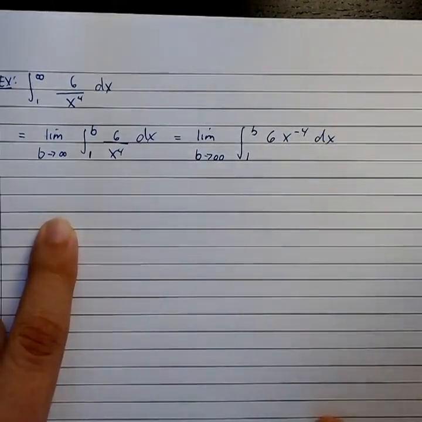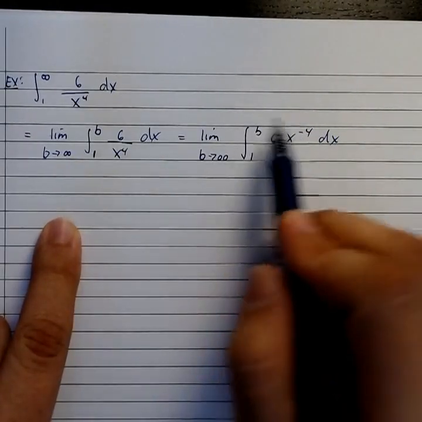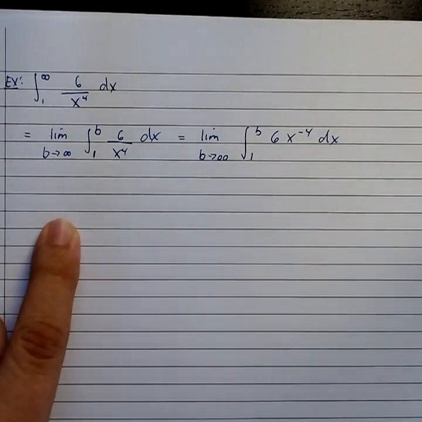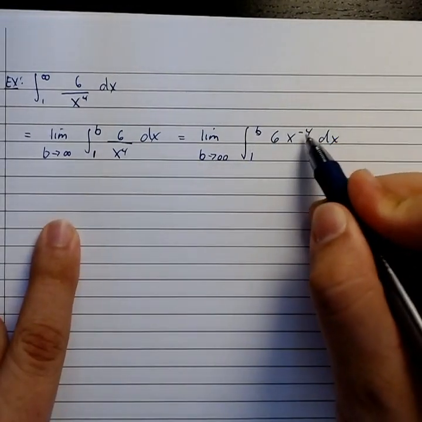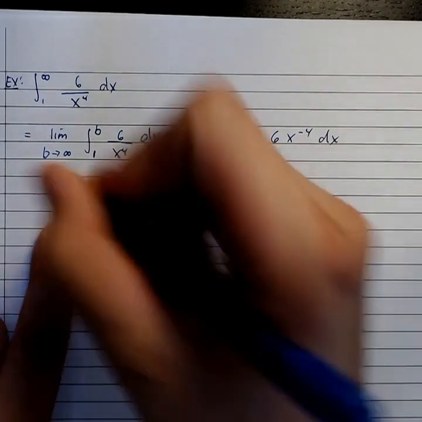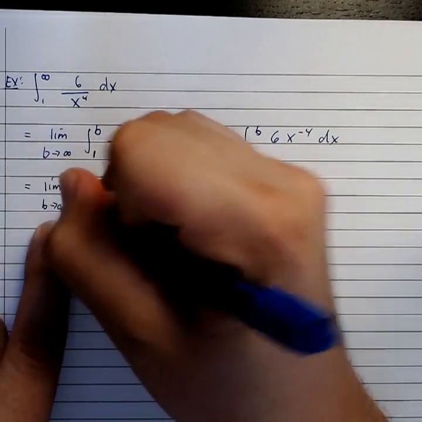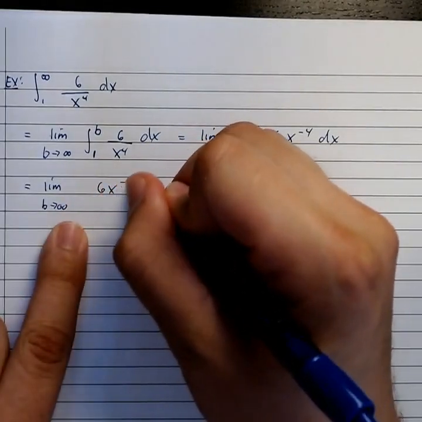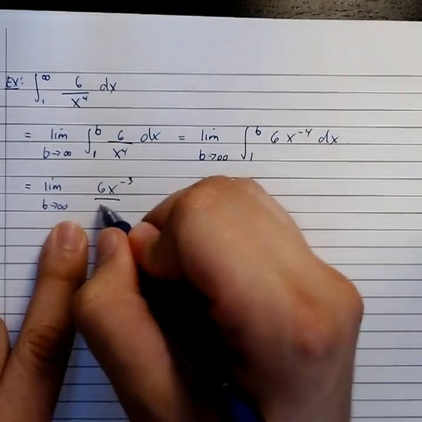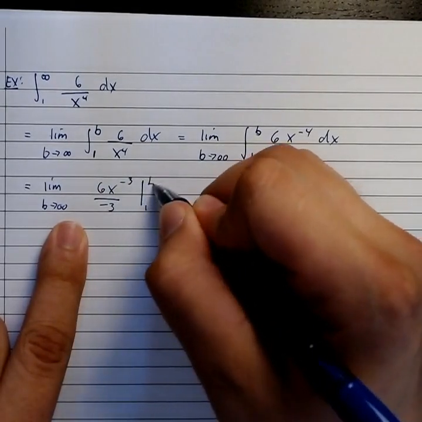Because even after all these years, rational functions seem complicated, but the power rule is just a much simpler thing to remember how to use. So here, I can add 1 to this power and divide by the new power. So this will give me the limit as b approaches infinity of 6x to the minus 3rd divided by minus 3rd, evaluated from 1 up to b.